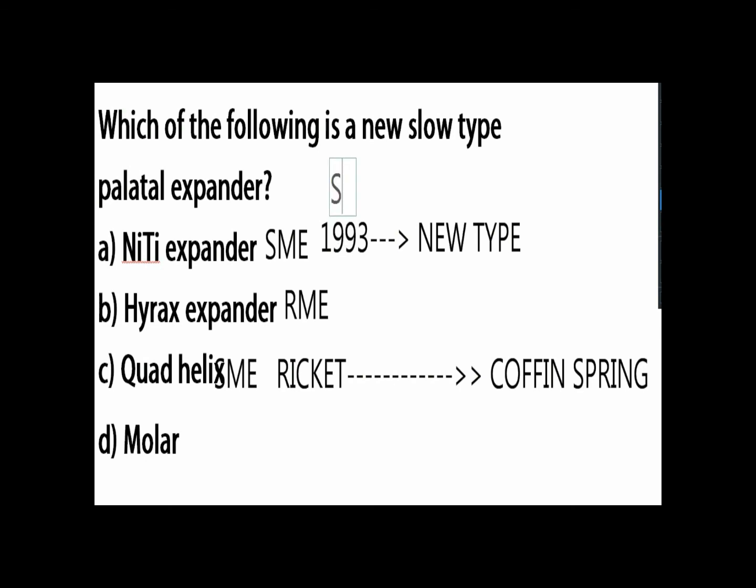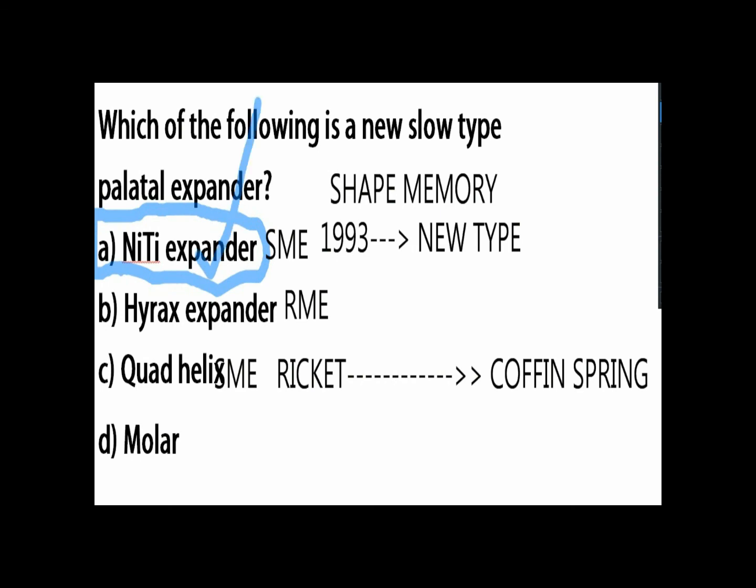In other words, as the palate expands, the regeneration of bone matches the rate of expansion. The action of the Nitinol expander is made possible by the property of its shape memory and transition temperature. So your answer will be Nitinol expander.